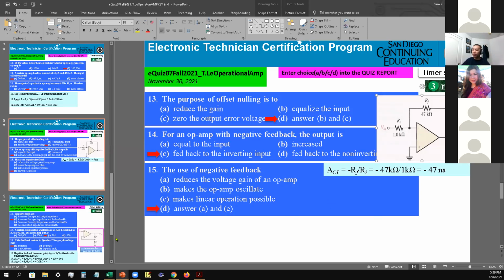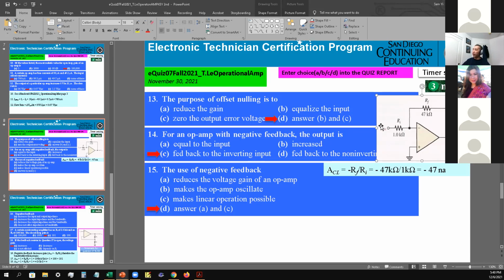Yeah, could you explain a little bit more about number 13, the purpose of offset null? Okay, the offset null, you will experience this in the lab, where there's going to be a pot that you can turn to adjust so that the input here would be 0, 0, and so your output would be 0 out here.